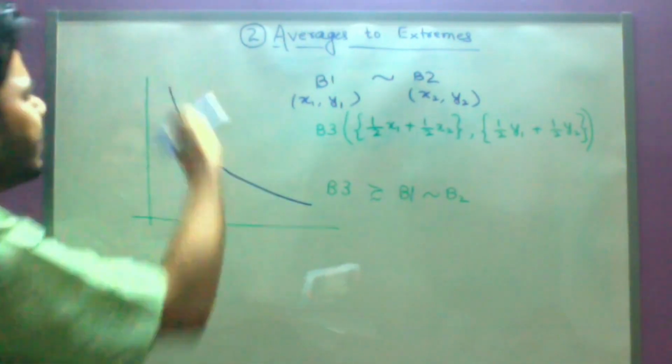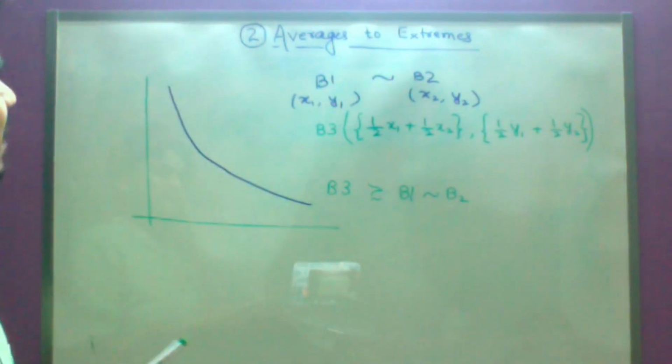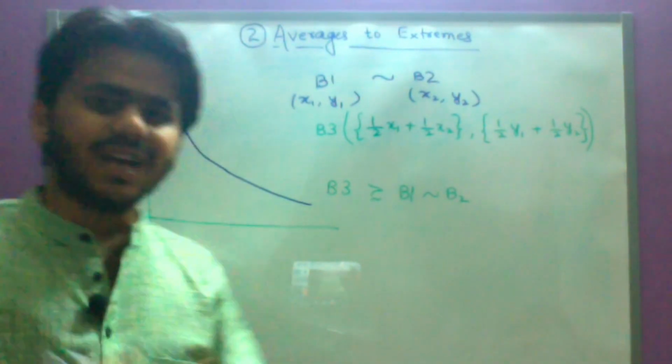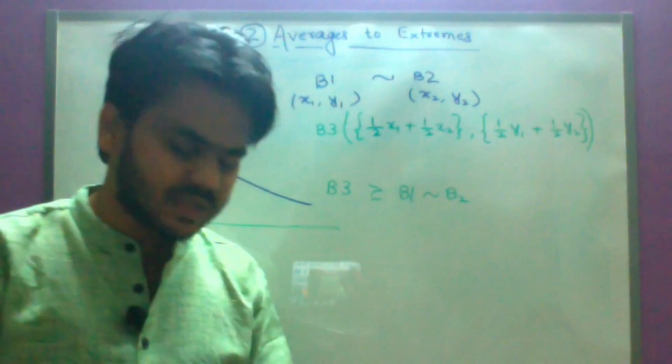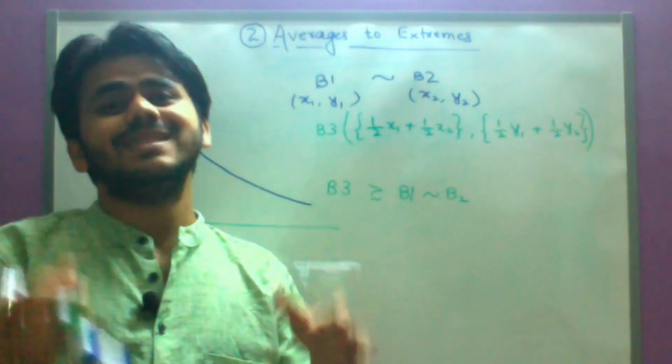Now why do we have this kind of convex structure? Let's understand the first assumption. The first assumption was more is better.